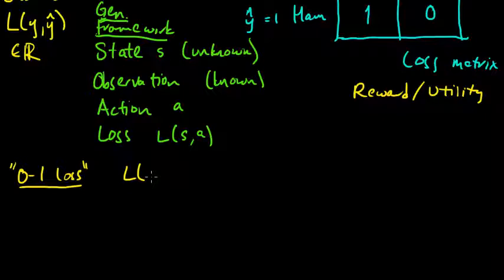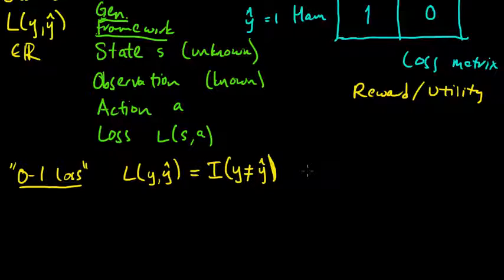This is the loss of y and y hat equal to the indicator function that y is not equal to y hat. So if you predict the wrong value, you incur a loss of 1, and if you get it right, you get a loss of 0.